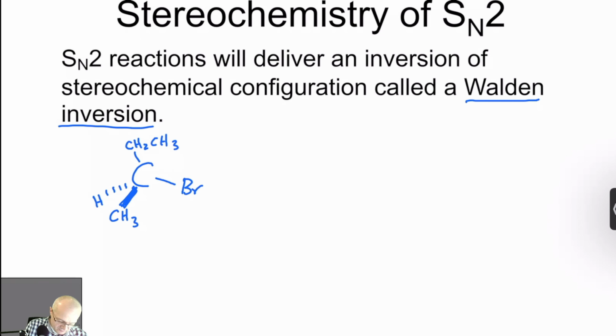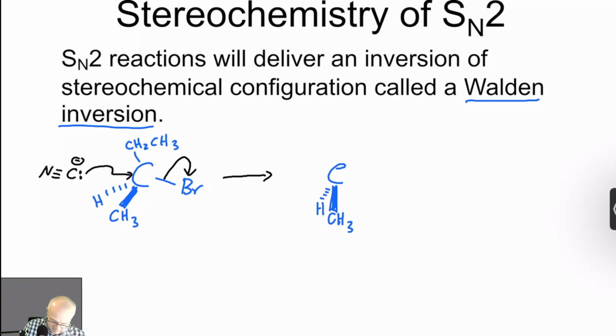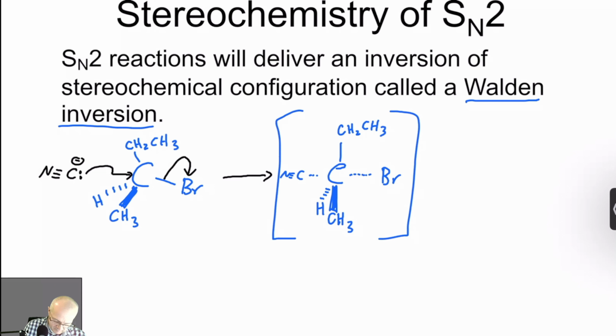And let's use, I don't know, cyanide, I guess. Cyanide's going to attack there. The bromide's going to leave. Nothing unique here. Everyone kind of already knows this. So the transition state, something like that.